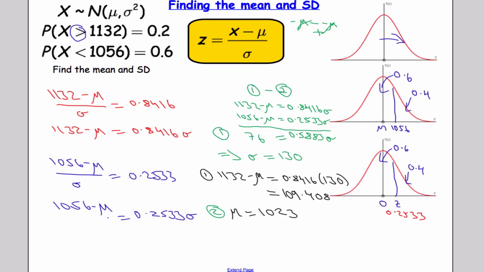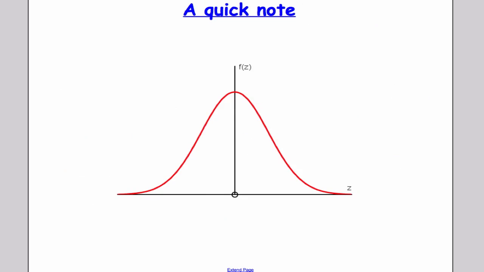Okay, so just before we finish up, I just want to give you a quick note with regard to the normal distribution and the fact that it's symmetric, because sometimes examiners try to trip students up by telling you information such as the lower quartile and the upper quartile, and then you're asked to work out the mean. Because it's symmetric, the lower quartile and the upper quartile form the middle 50% or the interquartile range of the data set.